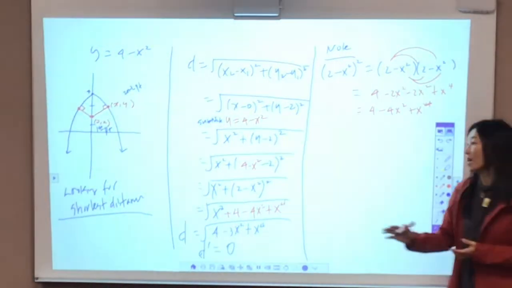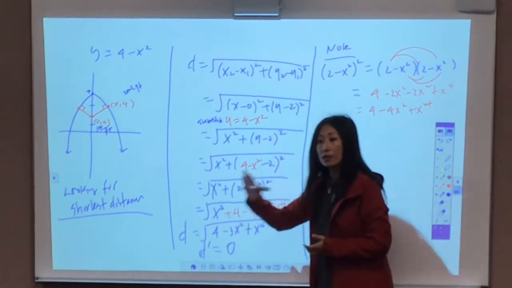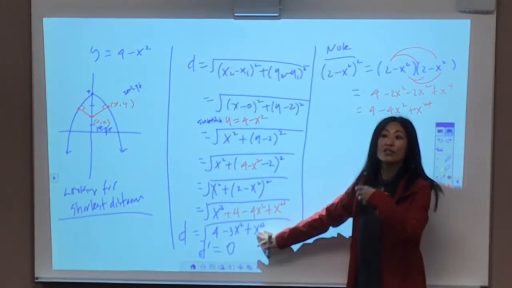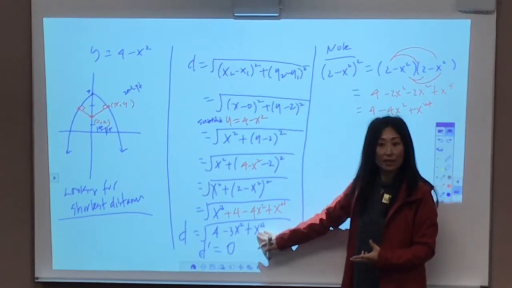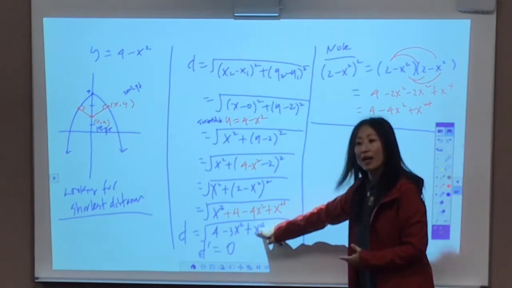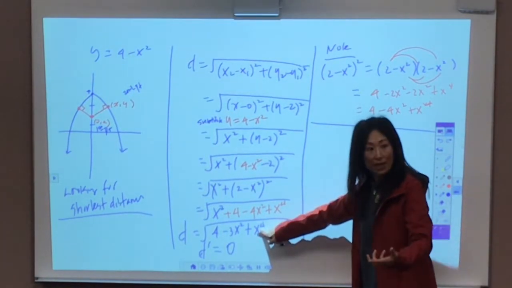And now I'm not going to even worry about the square root. Are you with me? Because I'm looking for this x, and I just need to take a square root in a minute. So this is what I'm going to do. I'm going to call this my f and I'm going to minimize this.